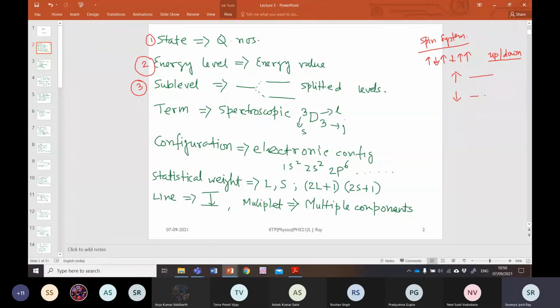Rather, they will be shifted by a certain amount, which means that earlier all the up and down spins stayed at one energy level, and now there will be a certain splitting in the energy level. These are called split levels or sub-levels. Is this part clear?